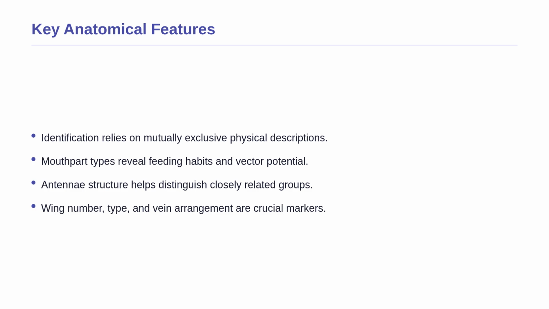We also look closely at the structure of the antennae. Furthermore, the number and type of wings, along with the specific arrangement of veins on those wings, act like a fingerprint for the insect. Understanding these physical features allows us to accurately place an insect into its correct taxonomic group, ensuring we know exactly what we are dealing with.